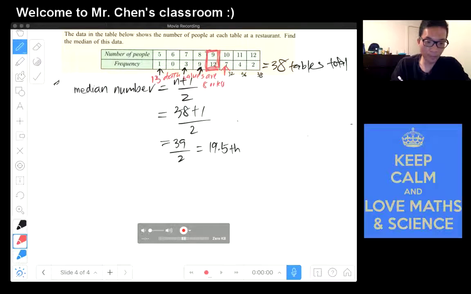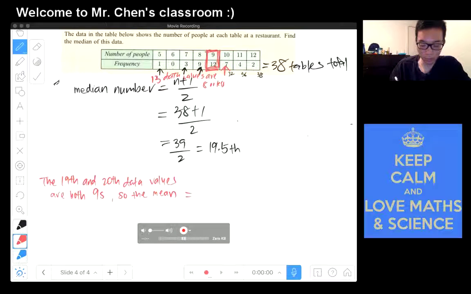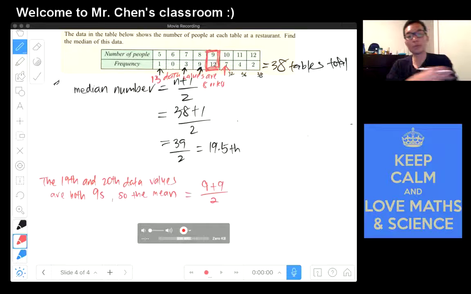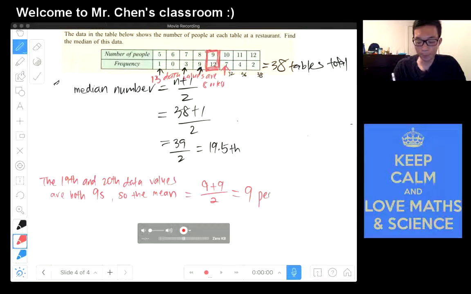So the 19th and 20th data values are both 9s, meaning 9 people at the table. The median will be 9 plus 9, because you have to find the middle, divided by 2, and what you get is 9 people.